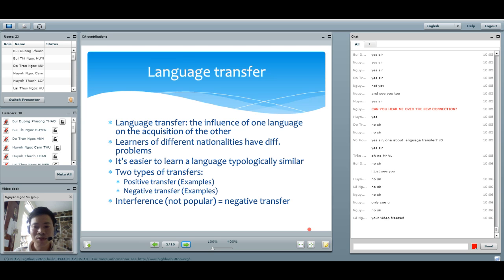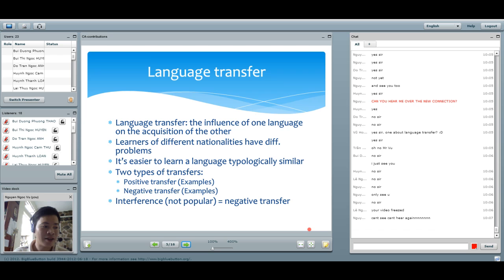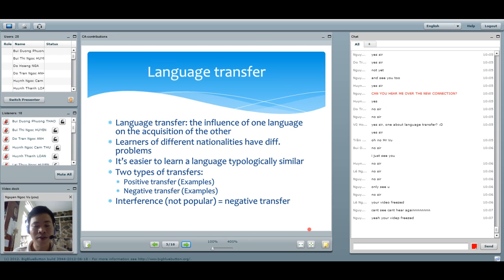To make it simple, our mother tongue always has, to a certain extent, some influence on our learning and acquiring of another language. And I did mention this point once or twice in the previous sessions.